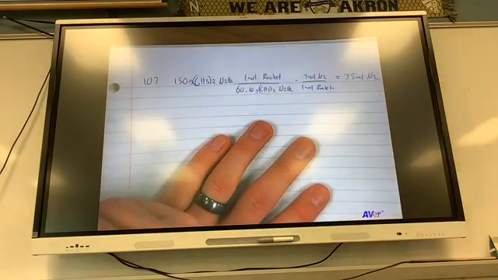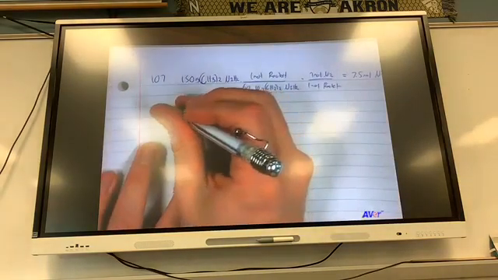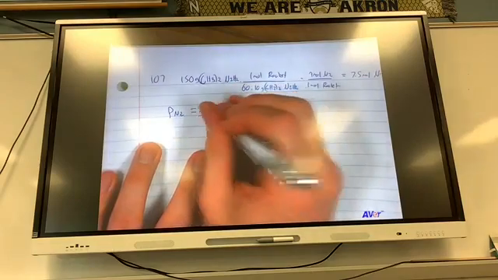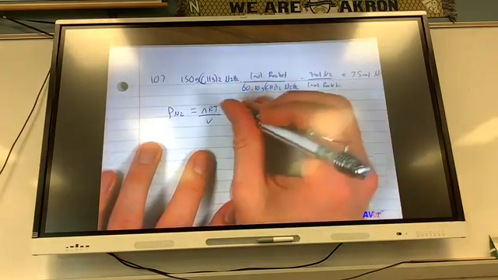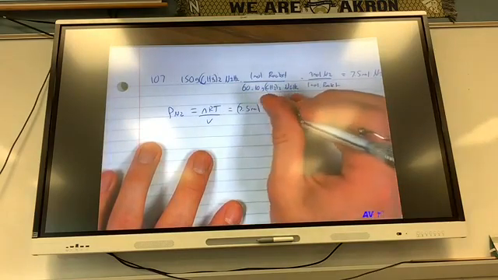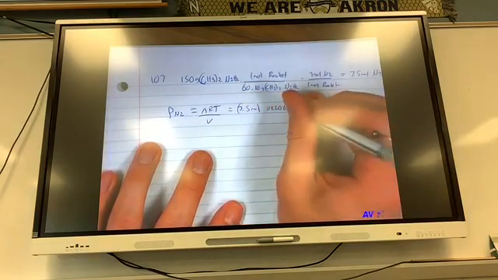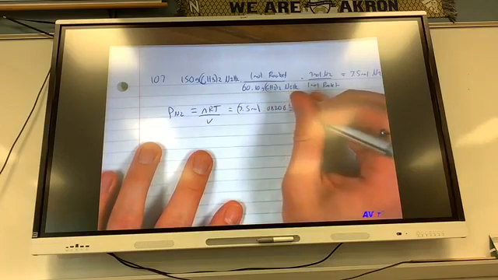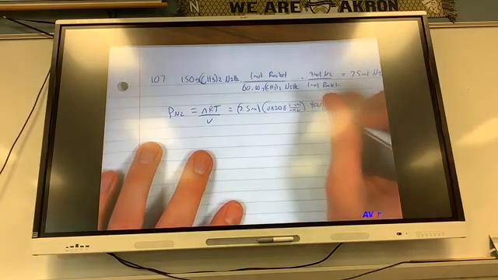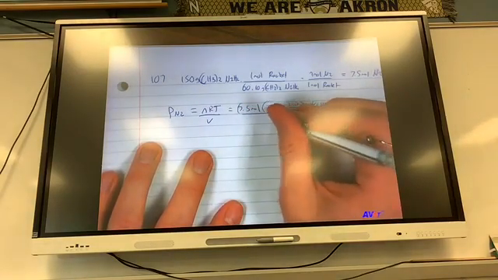So I got 7.5 moles of N2. So pressure of N2 is going to equal nRT over V. So that's going to equal 7.5 moles times 0.08206 liters times atmospheres. You guys tired of writing that yet? Times 400 Kelvin over 250 liters.